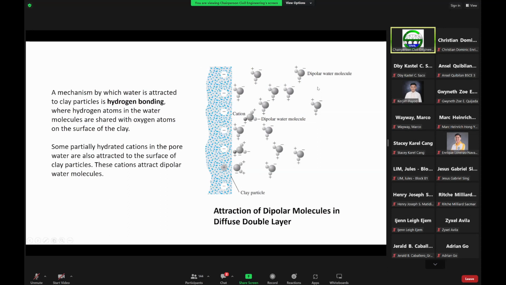This is a figure of that hydrogen bonding with dipolar water molecules. Again, this hydrogen bonding contributes to the ability of clay materials to hold water.